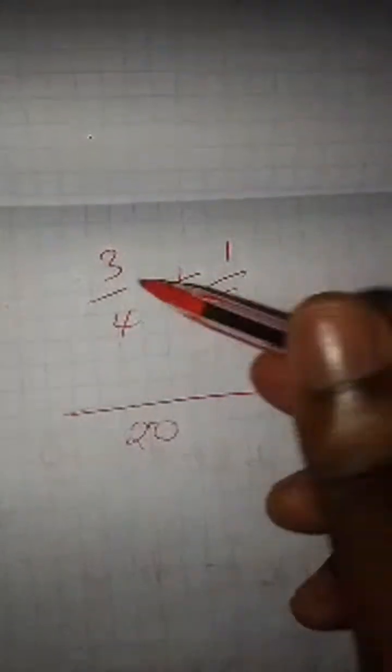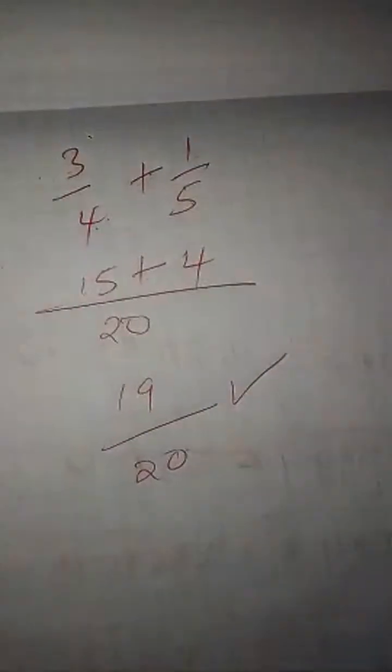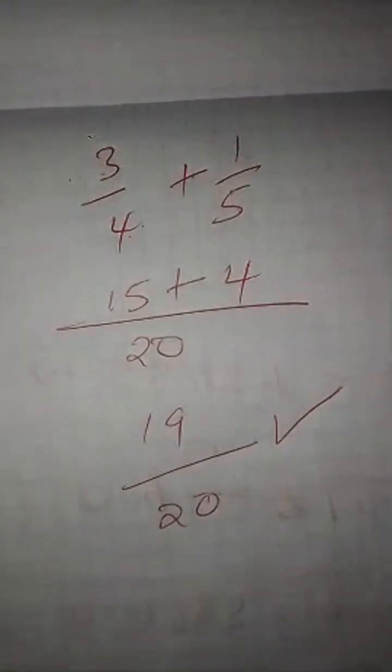And here is a very simple trick. You just multiply 4 by 5 and you say it is 20. Then 5 multiplied by 3, you say it's 15. Plus, you put this plus here. 4 multiplied by 1 is 4. So 15 plus 4, 19 out of 20. And that is the answer. It takes you a second to work it out.